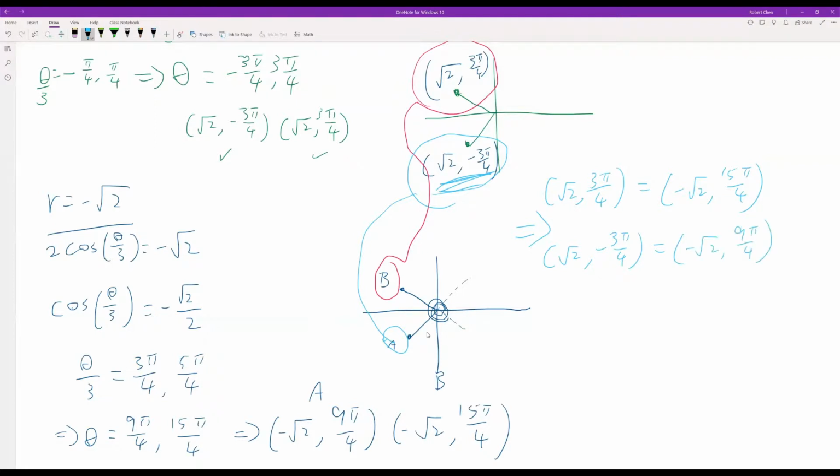So from this, we can say that even though we're using 2 different functions to represent the circle with radius radical 2, they both give us the same points of intersection, which are these 2 points.